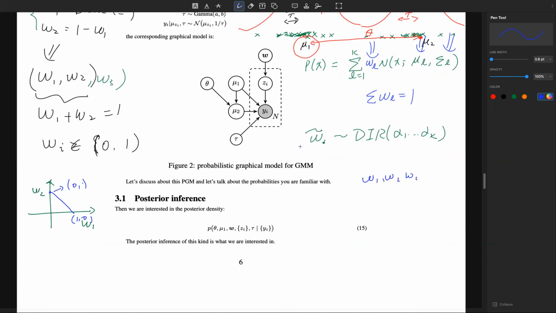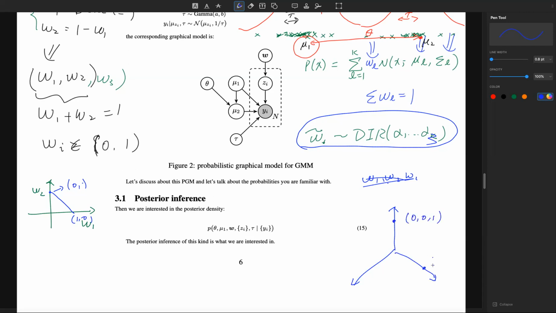So you will have something like this. This is 0, 0, 1. This is 0, 1, 0. This is 1, 0, 0. And you need to draw something like that. Does anyone know the name for this kind of stuff?